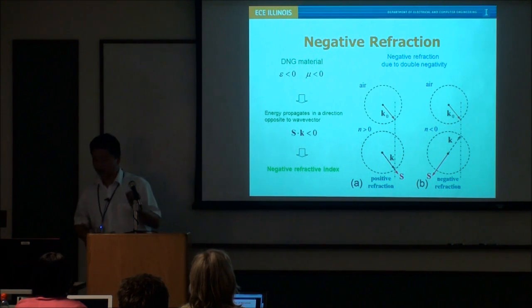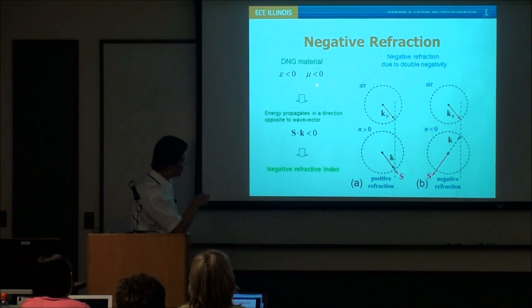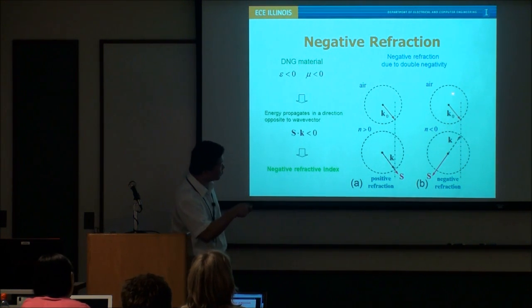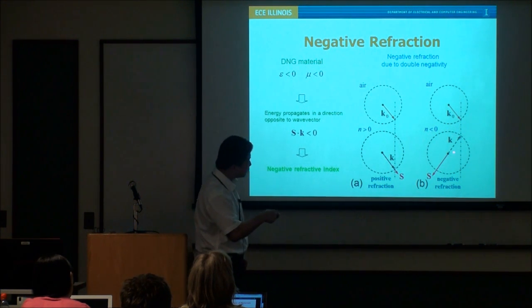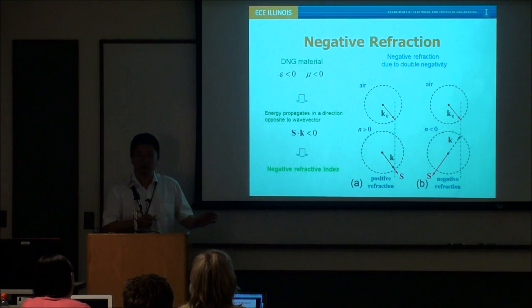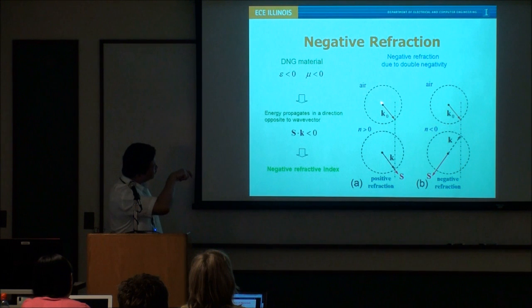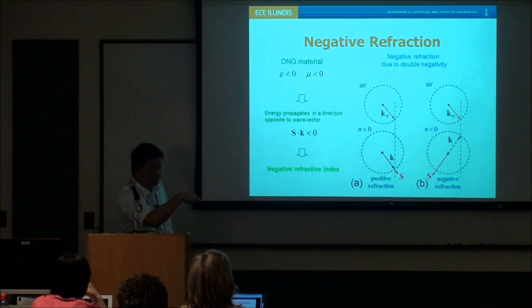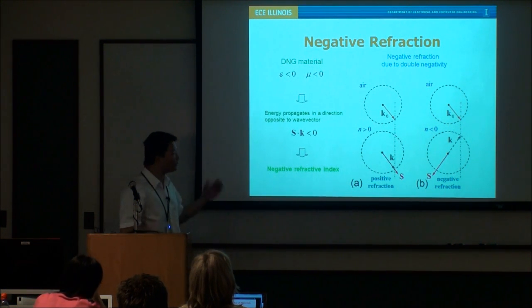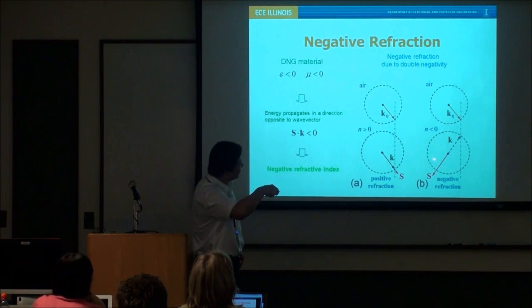But if we have metamaterials with negative permittivity and permeability, then once the wave propagates into that material, your Poynting vector S will have the opposite direction as your K. So in the end, after this wave gets into the metamaterial, the wave will be bent to the opposite direction.